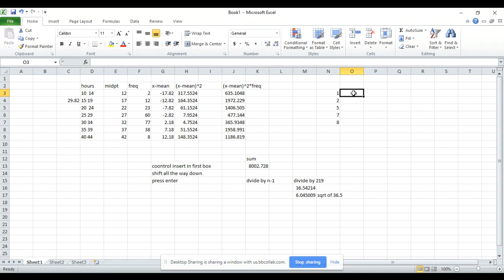I found the mean, so the next step is x minus the mean. So we're going to do equals this minus, what was our mean? I forgot. Was our mean like 4.6?